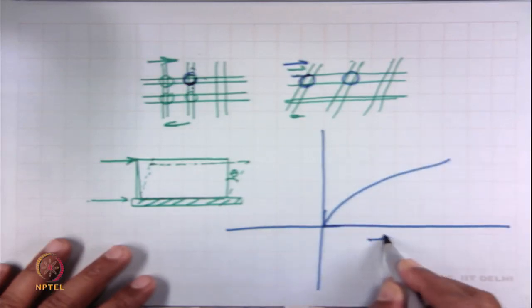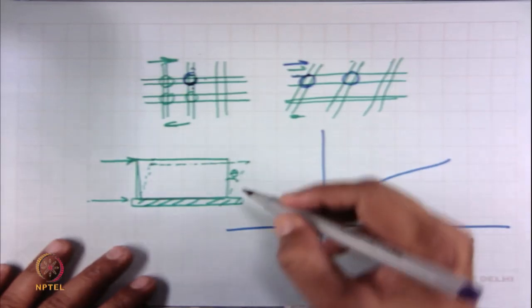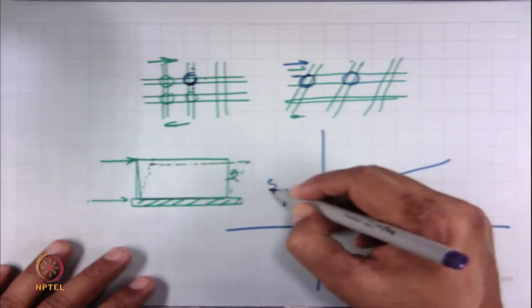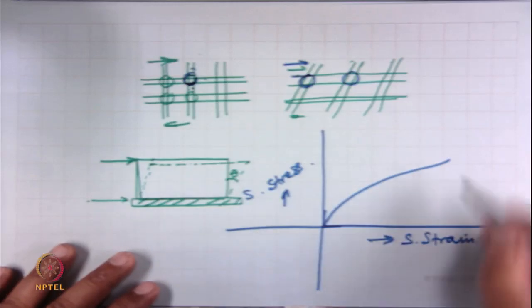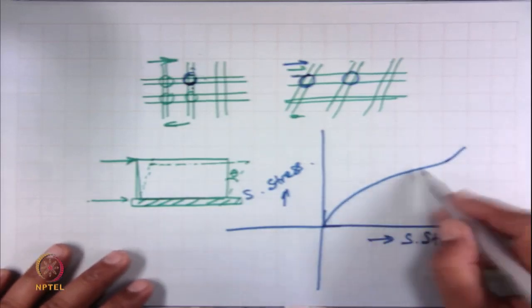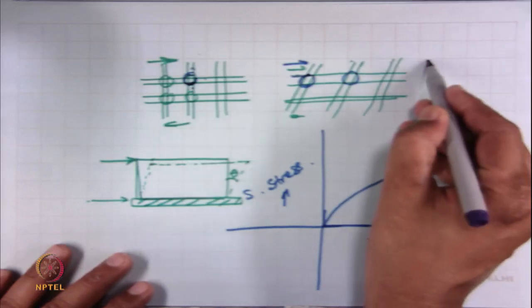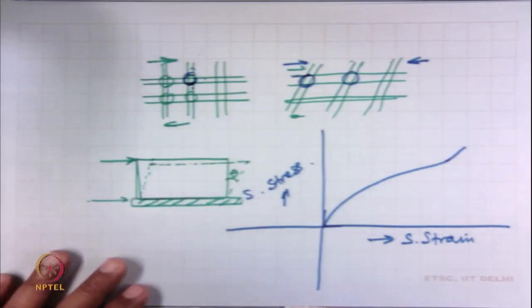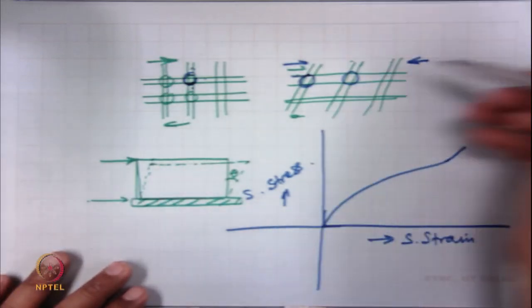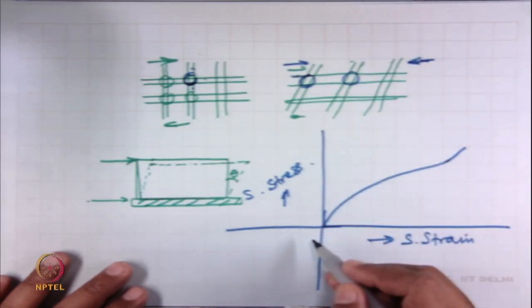So, this is shear strain and here it is shear stress. After that, we can calculate the shear modulus and others. Now, once it is coming back, suppose after that deformation we are again trying to come back, when it is coming back it will not follow the same path.